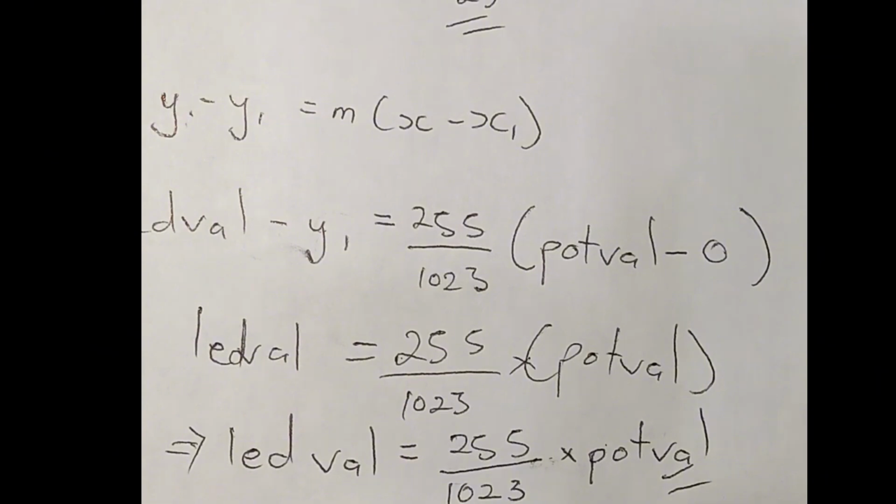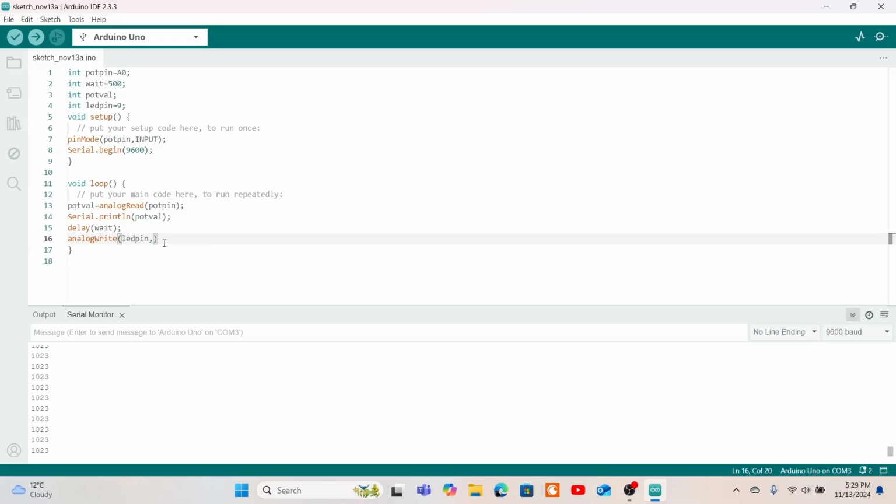Let's go back to the code. Alright, so back to the code. We're going to have to input the formula. Let me put it up above this so that immediately it reads the value from the pot pin and inputs the value into pot val. We can have the conversion happen before it even prints to the serial monitor, and then it analog writes into the LED.